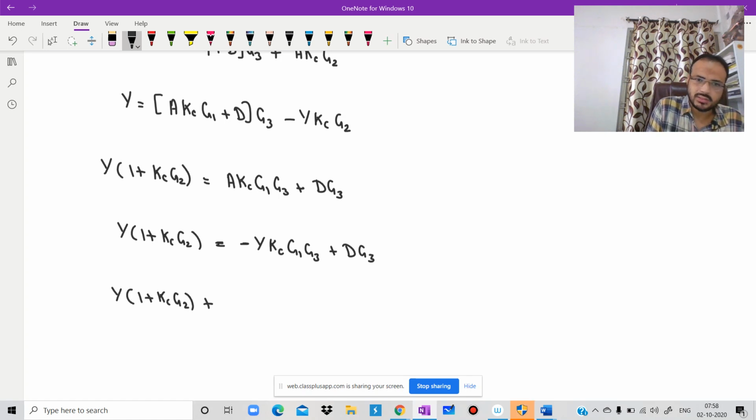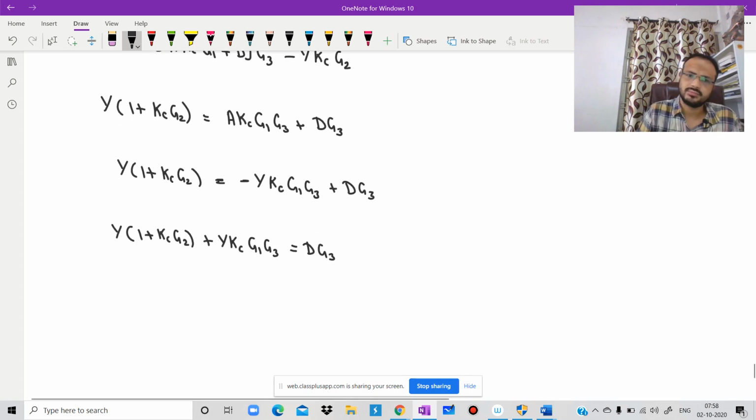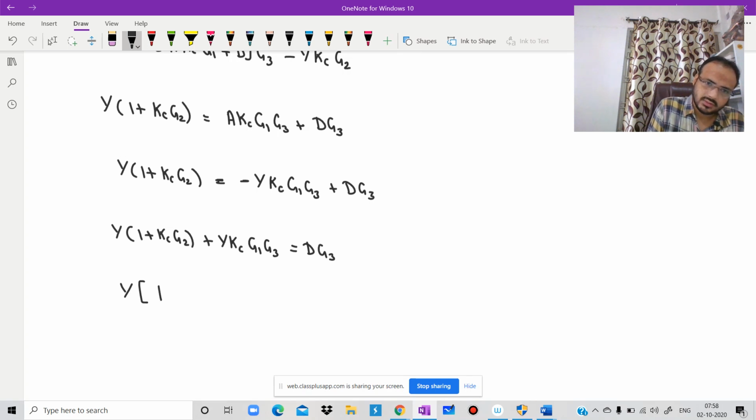So 1 plus Kc G2 plus Y into Kc G1 G3 plus D into G3. Take Y common: 1 plus Kc G2, Kc G1 G3.